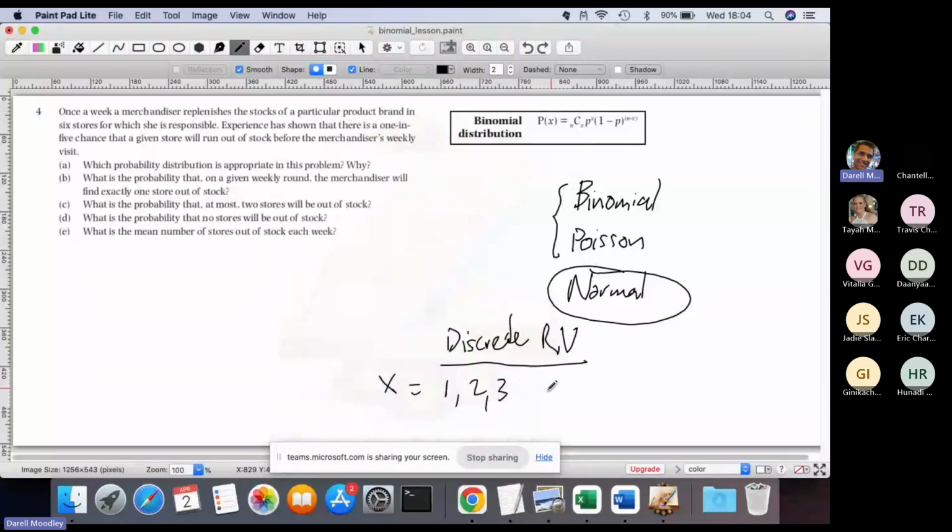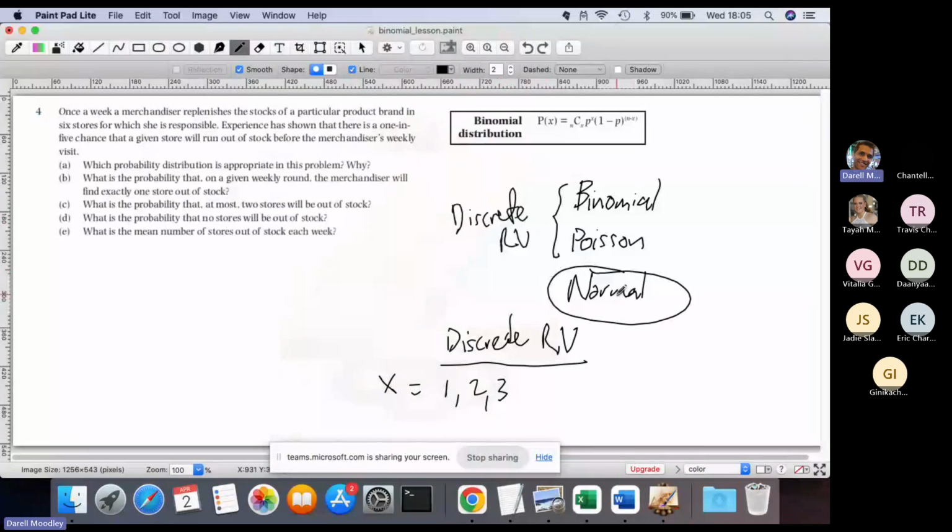It can't take on values like 2.5 or 3.75. It can't take decimal values. For instance, if you're trying to measure how many customers would come into a store in a given day, you would never have 2.5. You'd always be counting whole numbers. These are known as discrete random variables, and the binomial and Poisson distributions deal with discrete random variables.